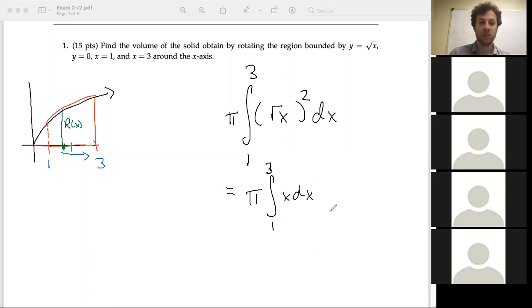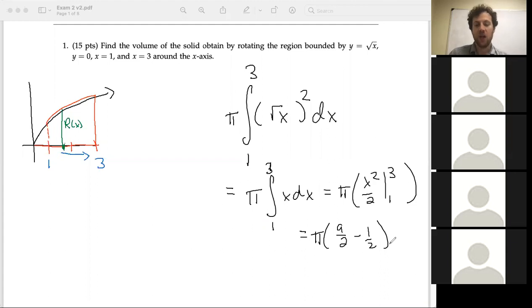And so we can do this integral. I might not go all the way to the end, like what gets put in your calculator, but use the power rule to get x squared over 2, from 1 to 3. So this is 9 halves minus 1 half. And this turns out kind of nice. Combining the fractions, we get 8 halves or 4. So this gives us 4 pi.